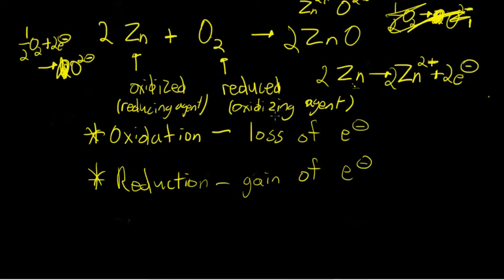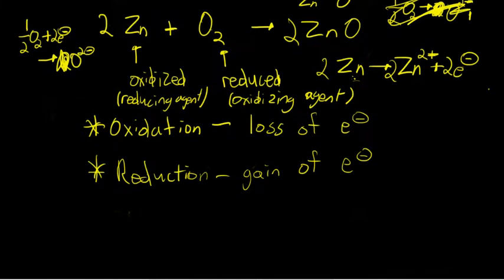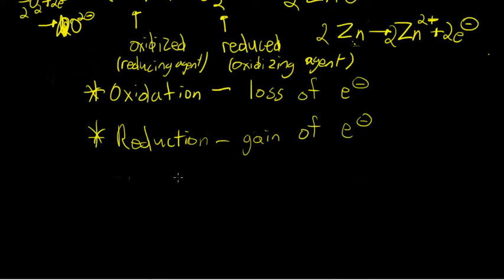So that's a reaction with oxygen, but you can have oxidation reduction reactions without oxygen. One example is the reaction between sodium and chlorine to give you NaCl. So sodium has only one valence electron.